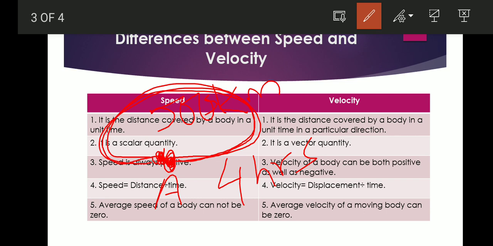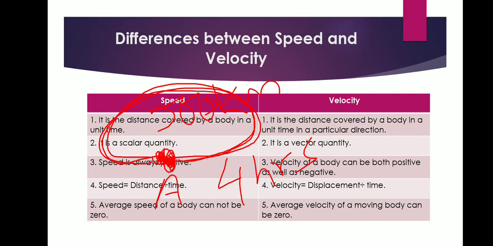Speed is given by distance by time. The distance is 500 kilometers and time is 4 hours, so 500 divided by 4 will be your speed. But what about velocity? Velocity is displacement by time. Displacement in this case is 0, so your velocity in this case will be 0.